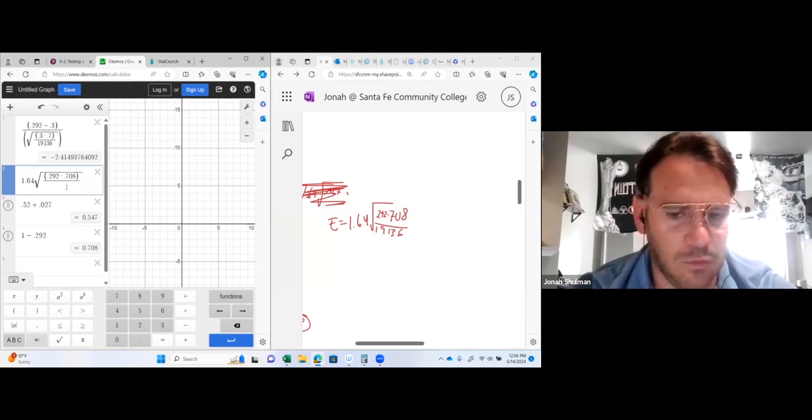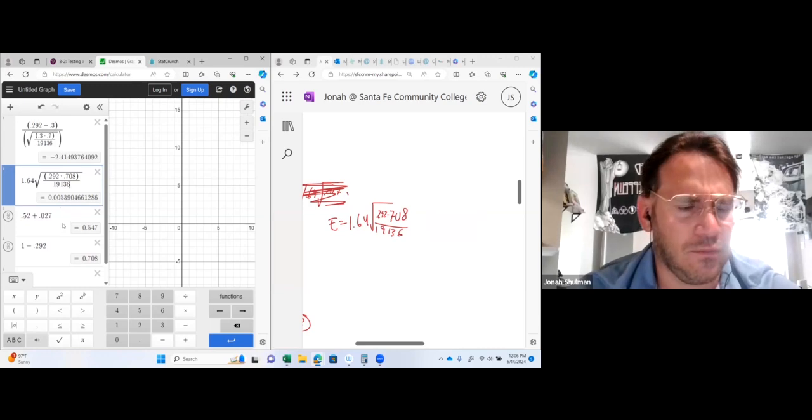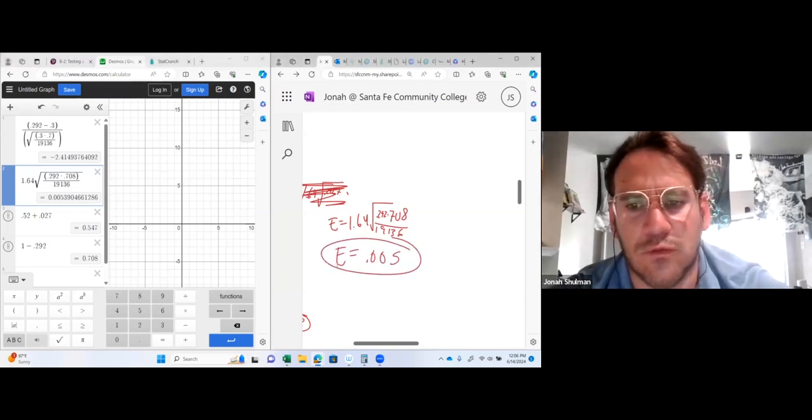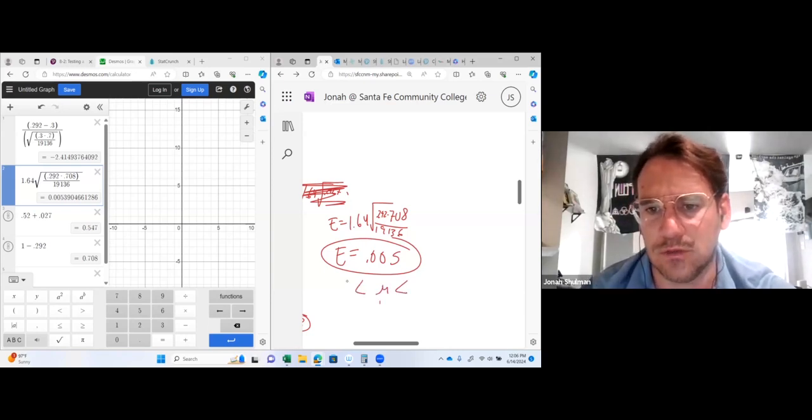We'll divide this by 19136. So we have this value of 0.00539. Our error is 0.005. So what does that mean? We know that this average is 0.292.